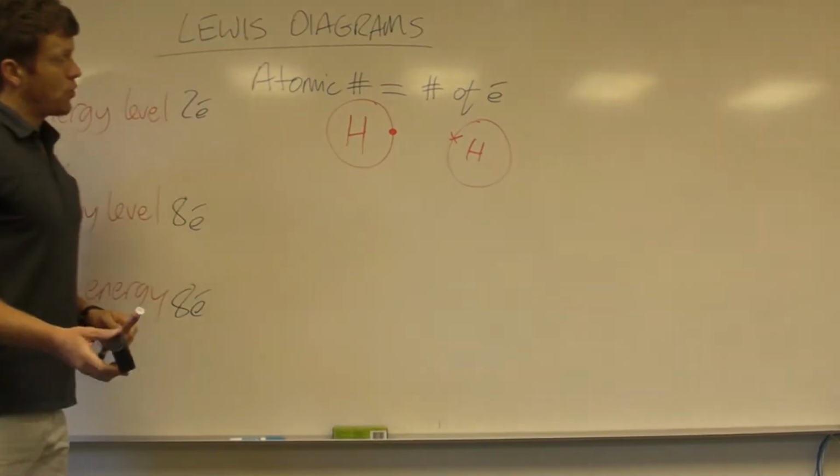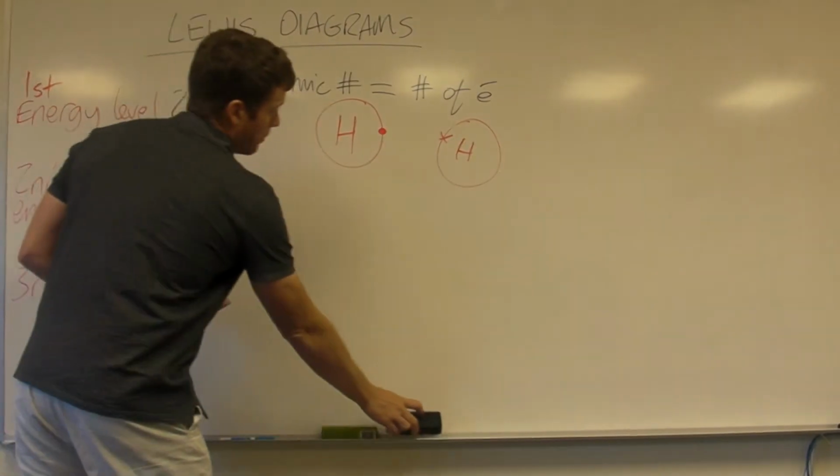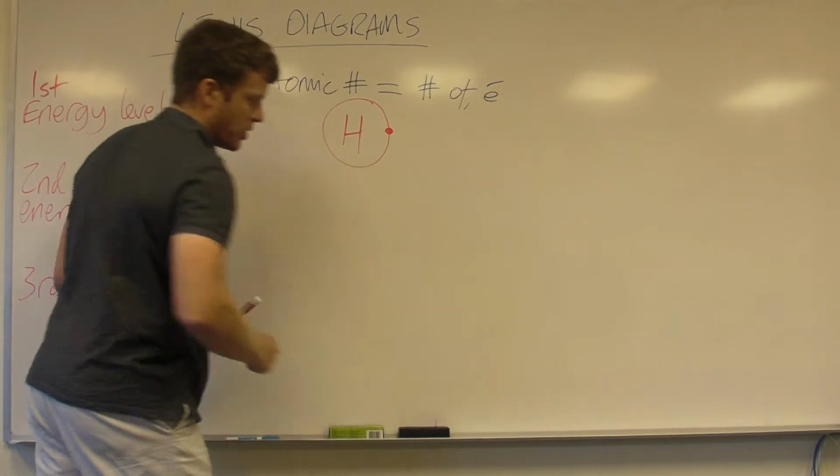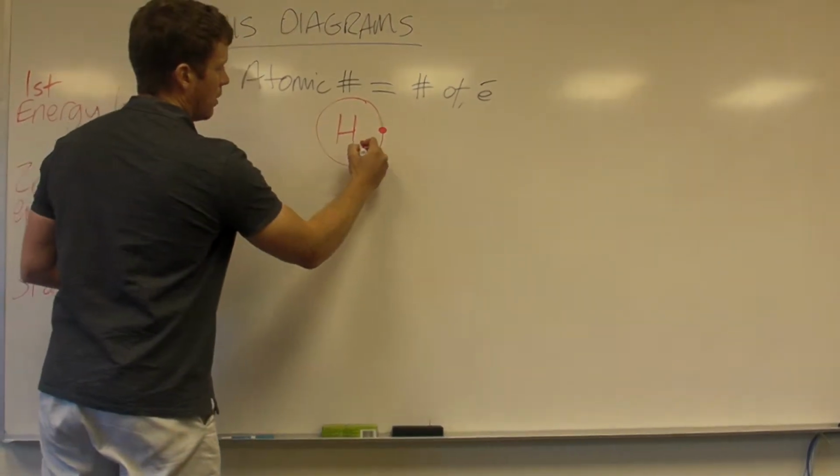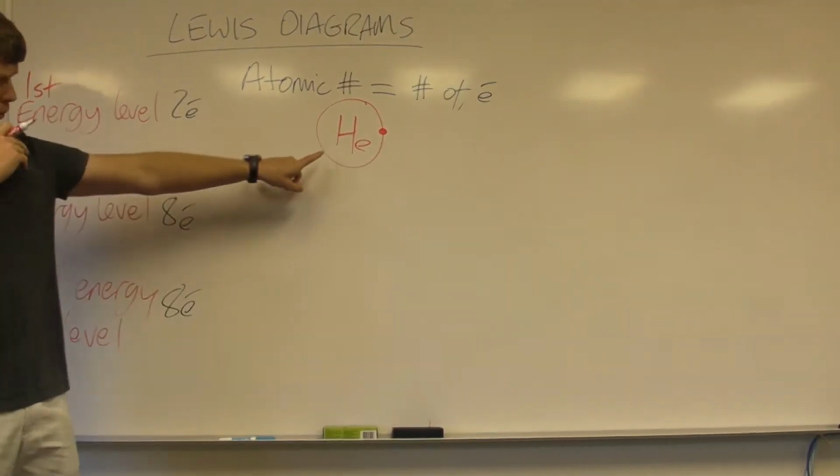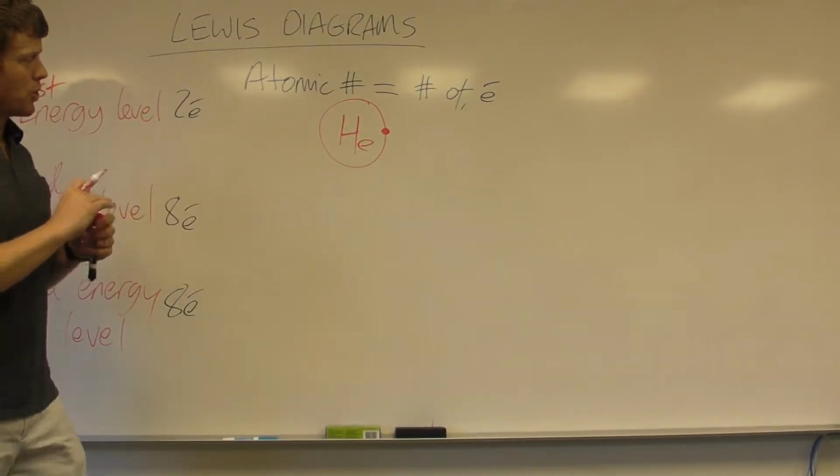And that's hydrogen. So then if we were to draw helium, which is atomic number 2, that's the symbol for helium, and then we just add another electron.